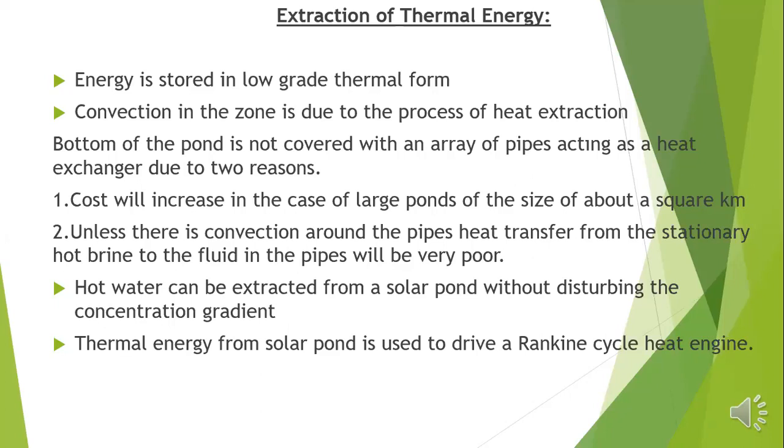The energy due to the solar radiation in the convective zone is in thermal form. Convection in the zone is due to the process of heat extraction accomplished by hot brine withdrawal and cool brine return. I will explain these hot brine withdrawals and cool brine returns in the next figures.